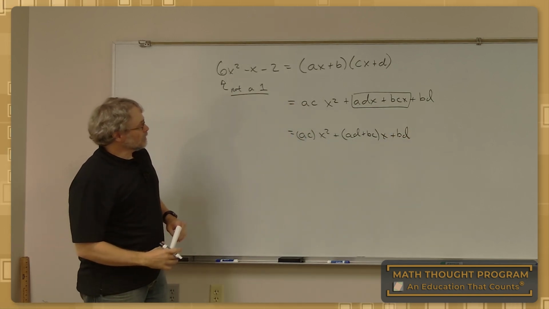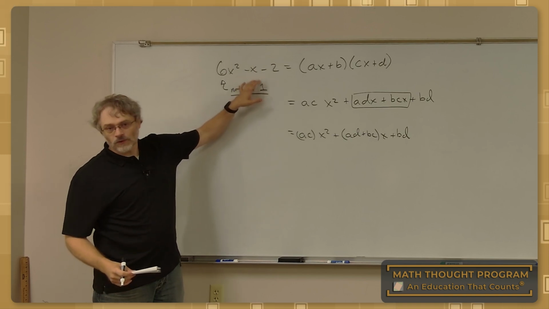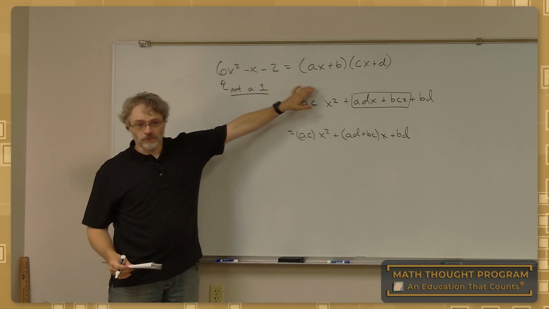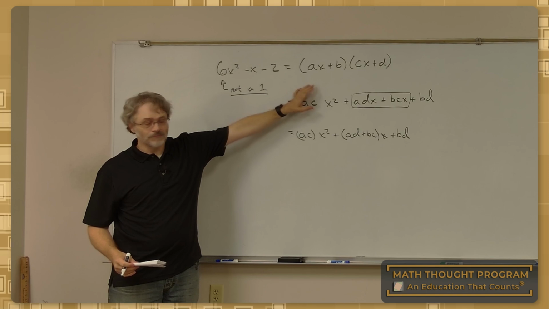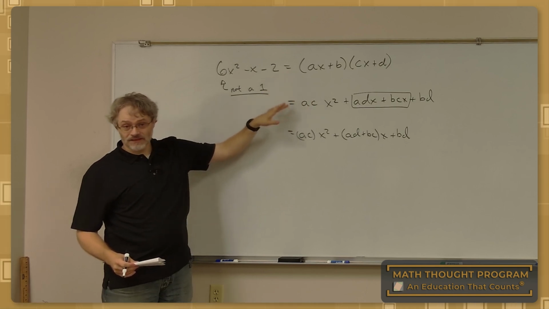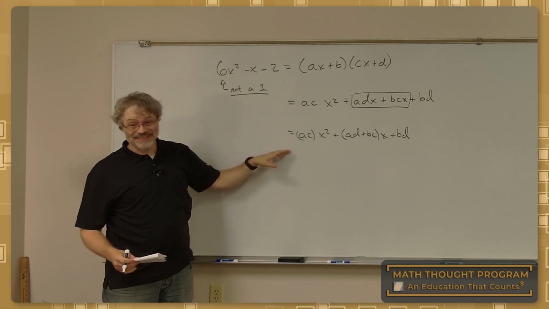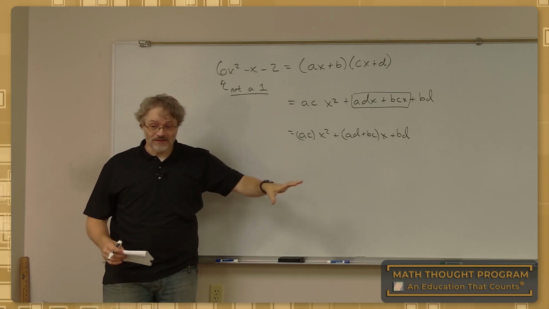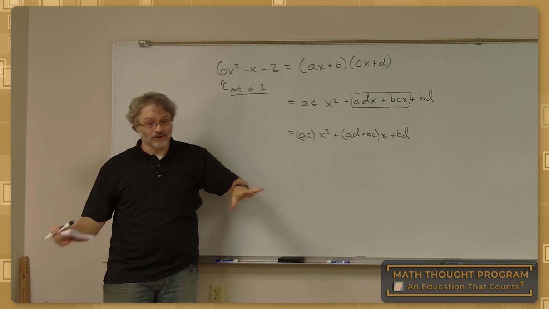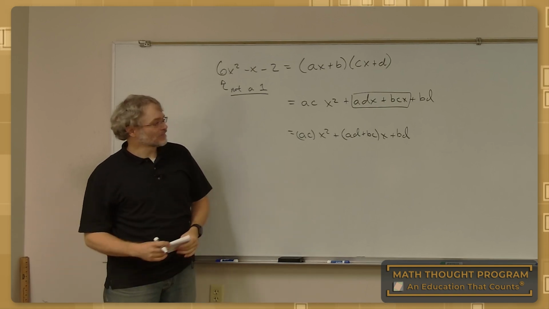Now, again, I have a polynomial on the left side. I've got a polynomial on the right side. And in between, I've got this equal sign. The equal sign means it's exactly the same. So what I have on the left must be the same thing I have on the right. Otherwise, they're not equal.